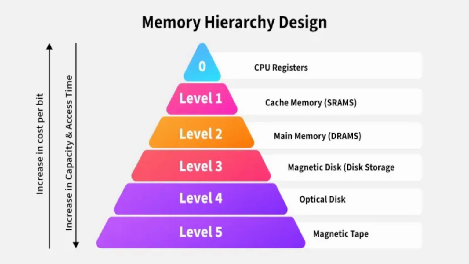We move next to the magnetic disk, which is the disk storage. This is basically your hard disk drive. Normally the SSD would come before the hard disk, but this time there's no SSD here, so the magnetic disk, which is the hard disk, comes in now.